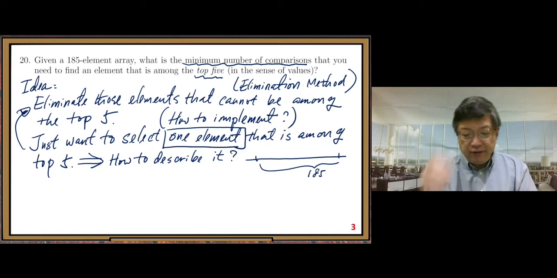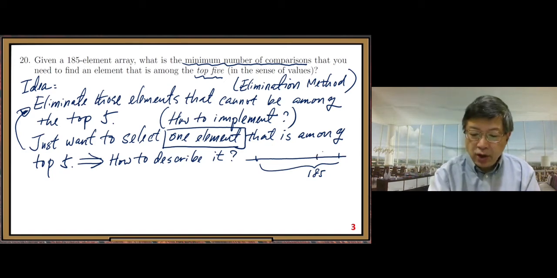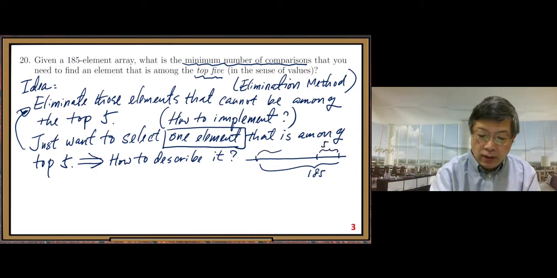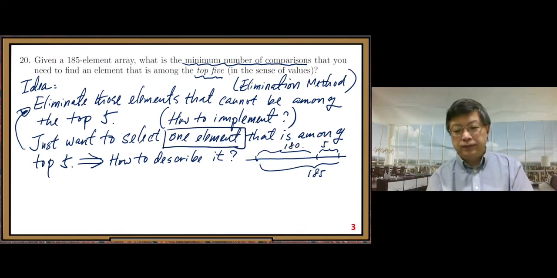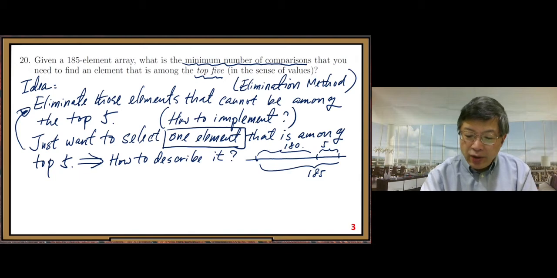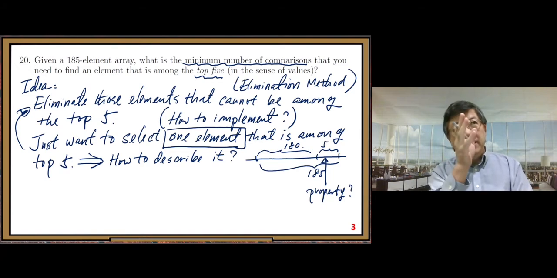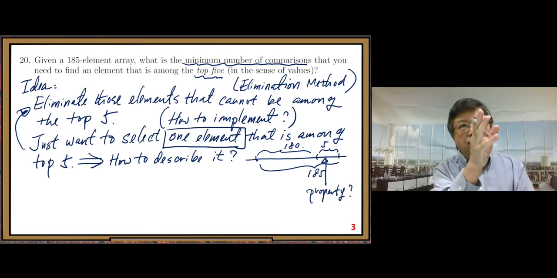Top 5, suppose we sort in order. Remaining 180. Now we want to get one that is among the top 5. What property does it have? What property should an element among the top 5 have?